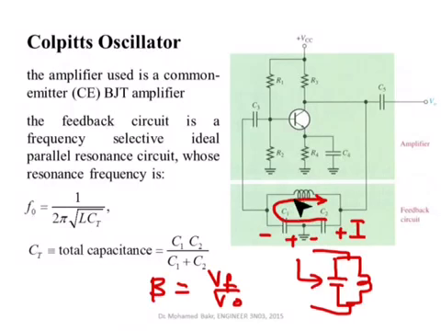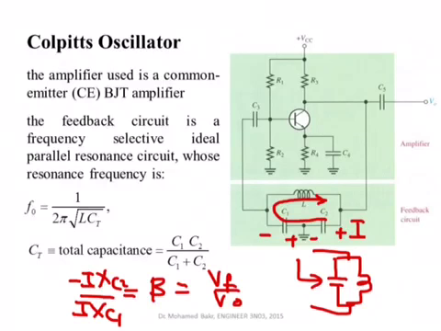And because the same current is flowing in both of them at resonance, you can simply write this same ratio as minus I multiplied by XC2 over I multiplied by XC1. And remember, XC2 and XC1 are the impedances represented by the capacitors.